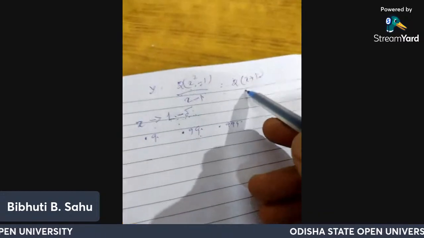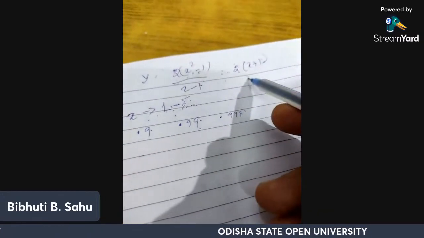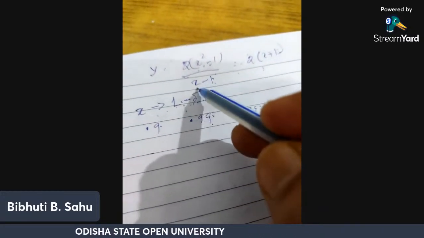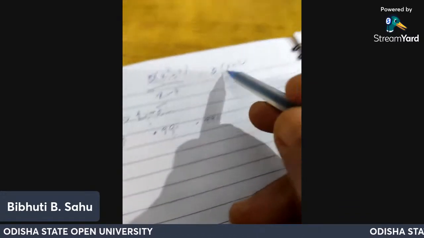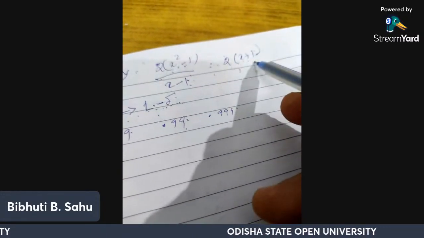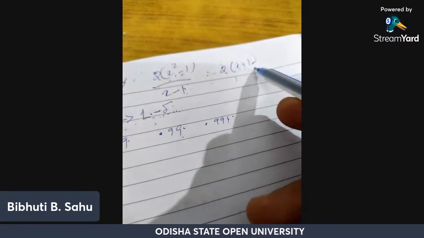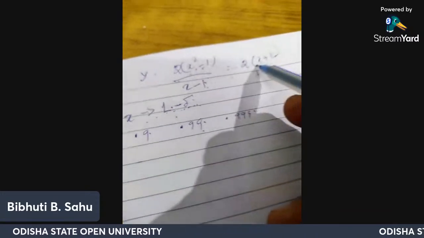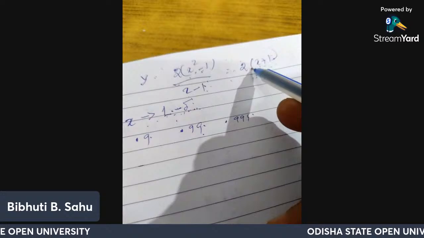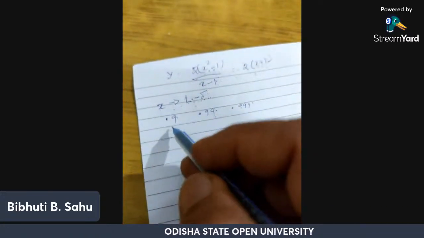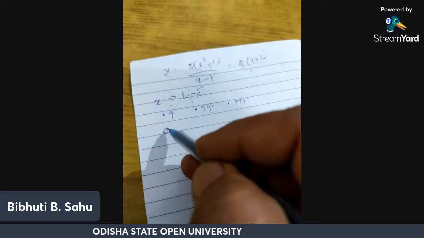Then what will be the value of this, if x tends to 1? Substituting the value of x in this example, if x is equal to 0.9, then it will be 1.9 into 2, that is 3.8.